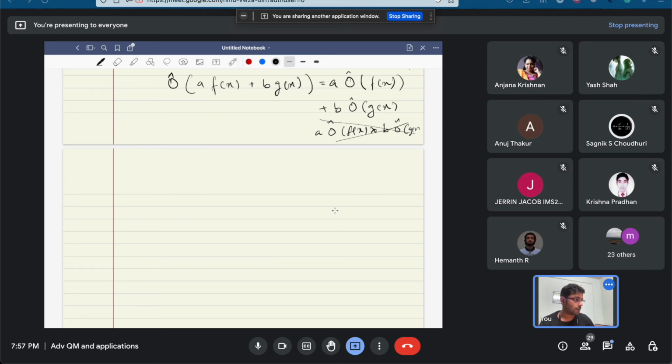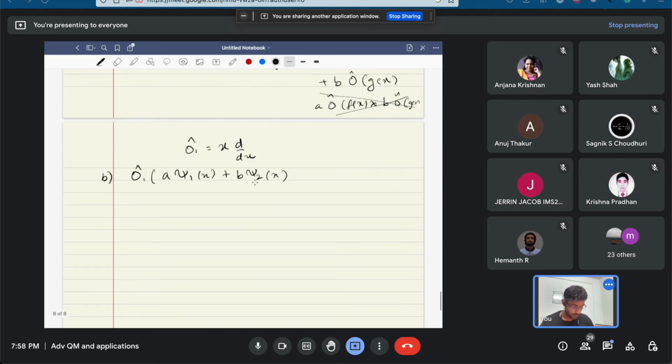Let's say we have the simplest example just for demonstration, and then we take a more complex example for a more complex scenario. We have a psi 1 of x plus b psi 2 of x, where the operator is defined as the derivative d by dx.